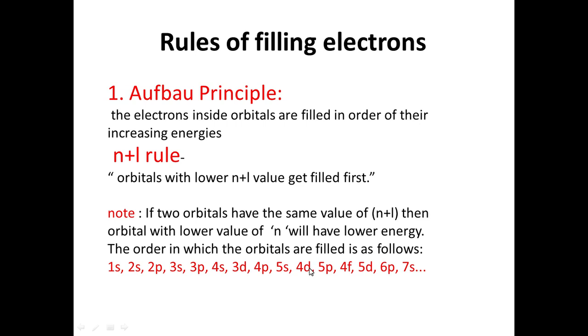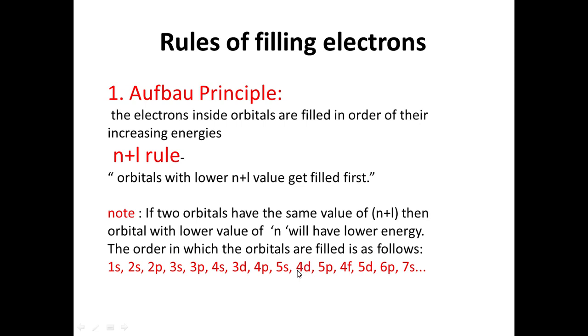So d has an azimuthal quantum number of 2, and I repeat again: the value of l for s is 0, for p is 1, d is 2, and f is 3. So for d the value of l is 2, and 4 plus 2 gives 6. So the value of n plus l becomes 6 for d.